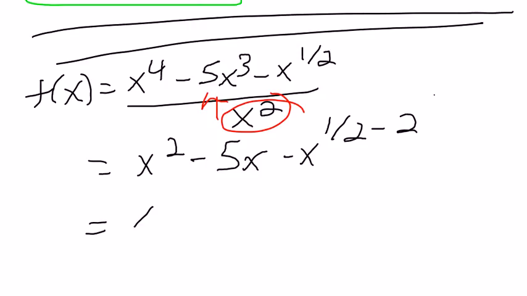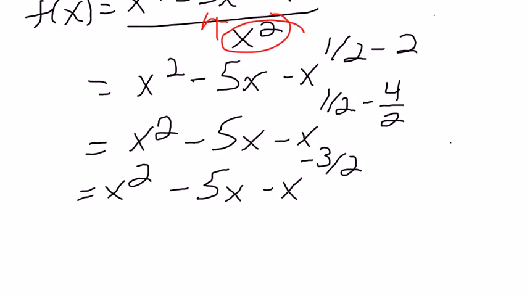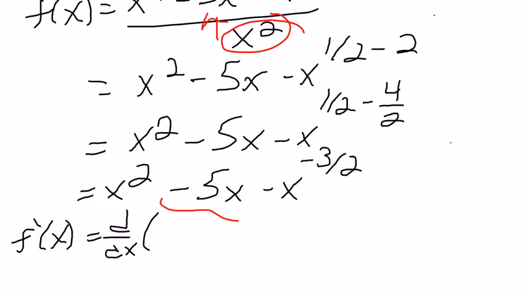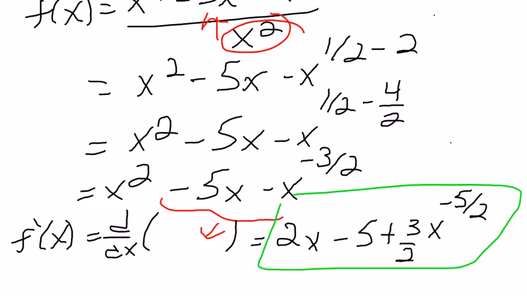So what this does is it gives you x squared minus 5x minus x to the 1/2 minus 4 over 2, what that leaves you with is minus 3 over 2. You take the derivative of this, and what that leaves you with is 2x minus 5 plus 3 over 2 minus 5 over 2. And voila, same answer.